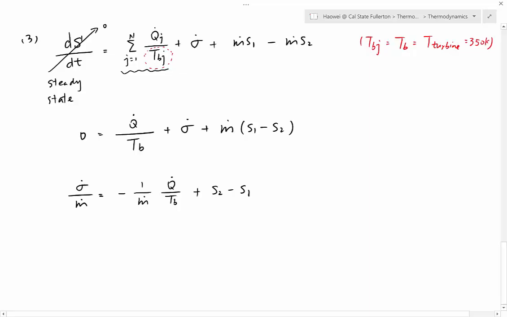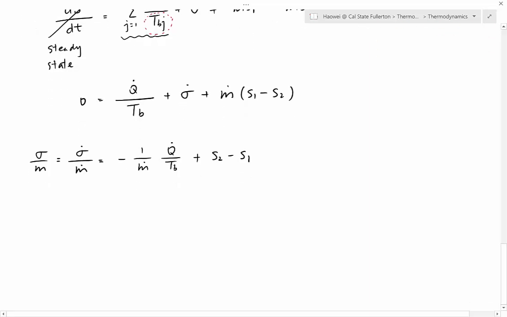So this step is purely algebra. And we know sigma dot over m dot is just equal to sigma over m because the two dots cancel each other. Okay, so what we need to have is everything in the right hand side. S1, S2, we already found those two terms.